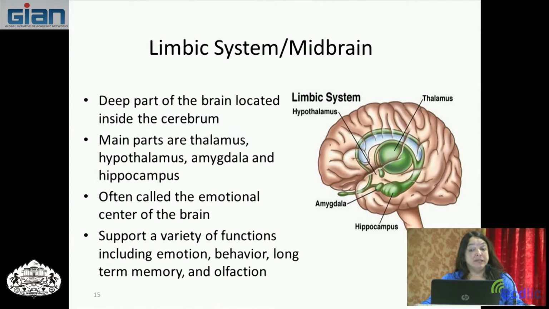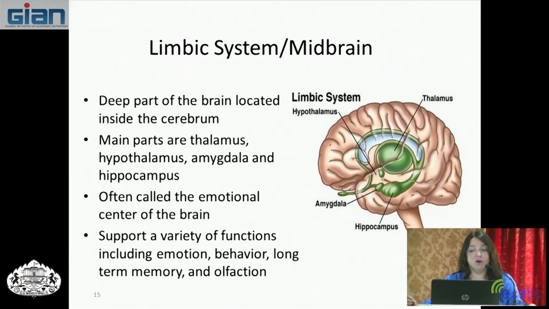Then we talked about the limbic system in the midbrain and how this is important for a lot of our primitive functions, or what we would consider today to be primitive functions. This is located deep in the center of the brain. Main parts being thalamus, hypothalamus, amygdala, and hippocampus.